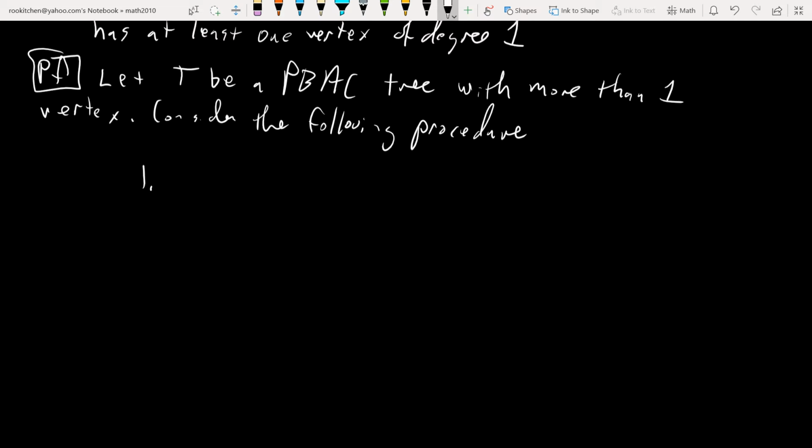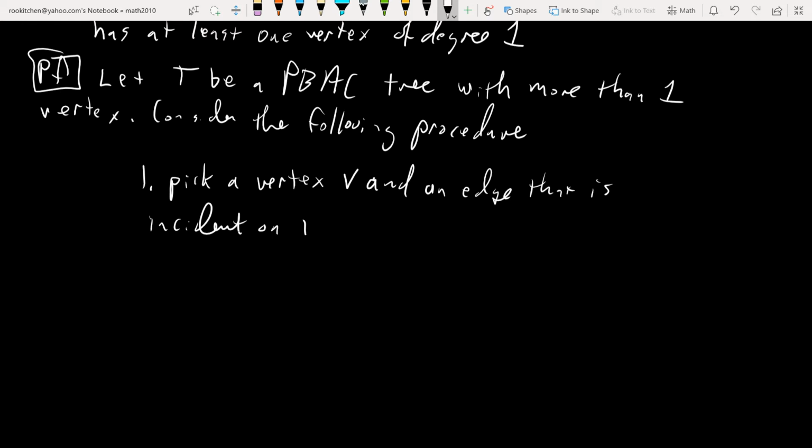First, pick a vertex V from the graph T, and an edge that's incident on V. There's more than one vertex, so it has to have an edge, so this has to be doable.